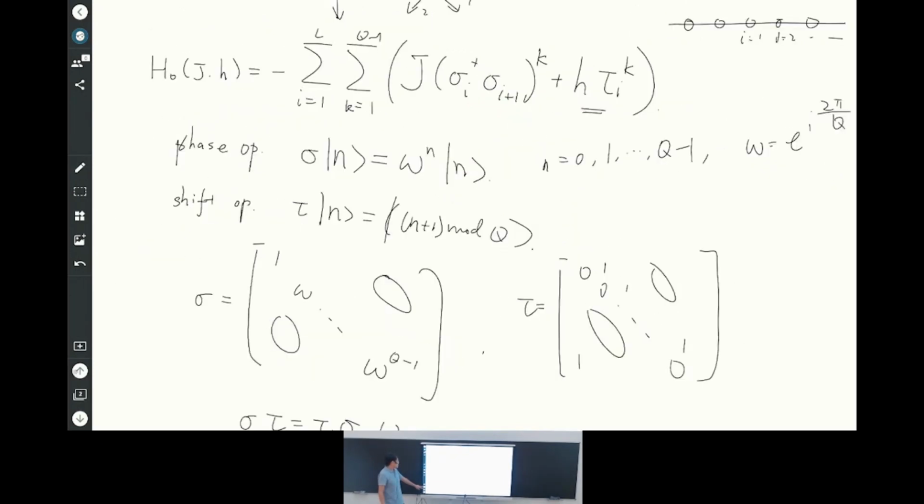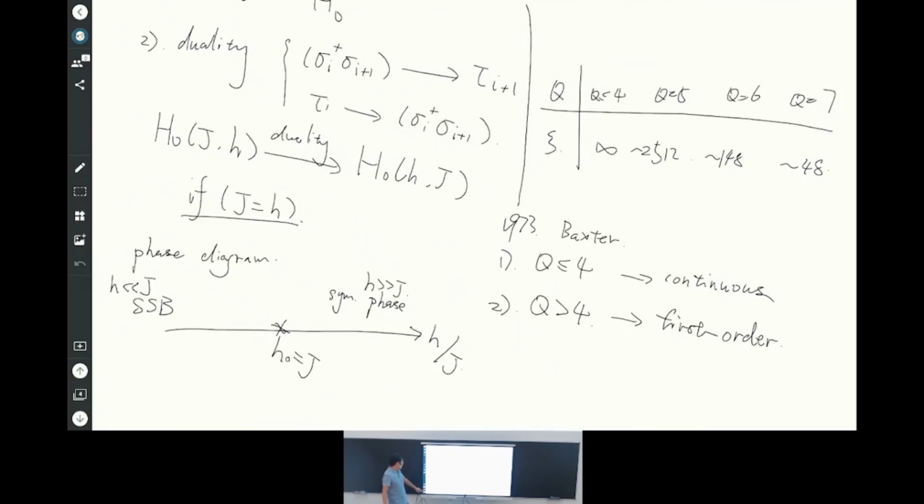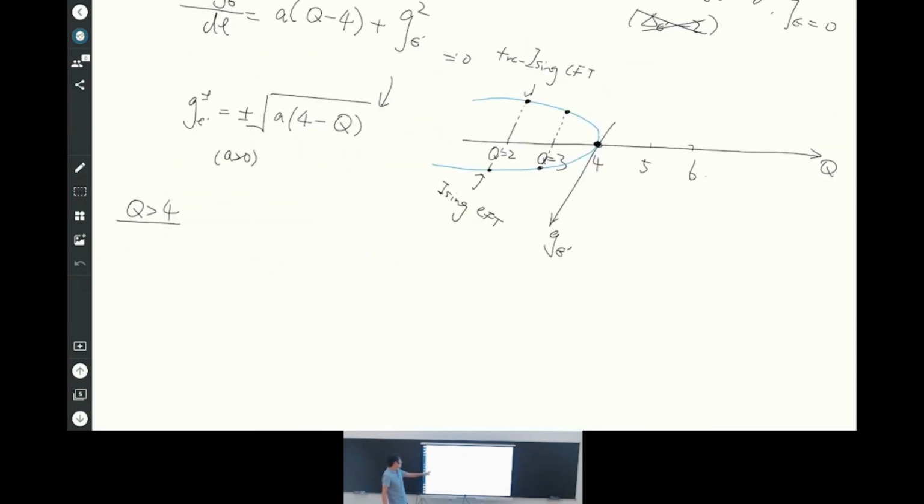In these two papers from 2018, the authors proposed a very nice conjecture on the case of Q larger than 4. For this model, they assume that this RG analysis and this RG fixed point are the same. This is an assumption.